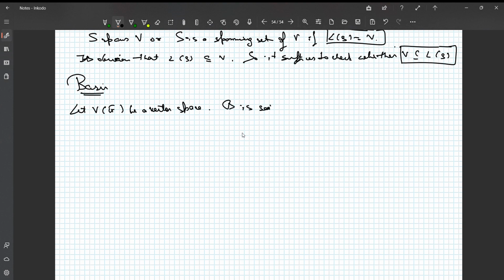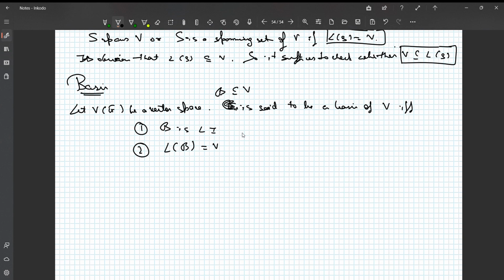B is said to be a basis of V if and only if, number 1, B is linearly independent, and number 2, the linear span of B equals V. That is, B spans V. I should also mention here that B is a subset of V. So a subset of V denoted as B is said to be a basis of V if and only if B is linearly independent and the linear span of B equals V.